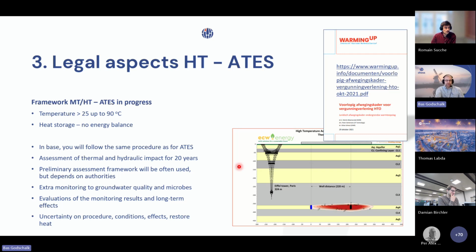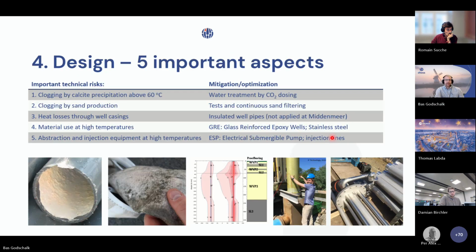If it's fine, then you can get your permit. There are standards or a template of conditions for how to do that, and that's a very practical guideline to get a permit.